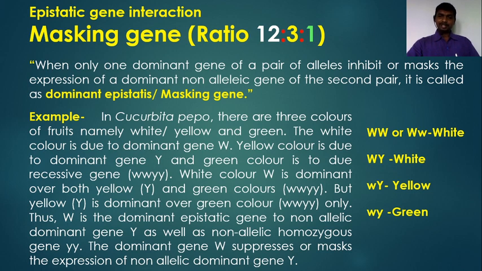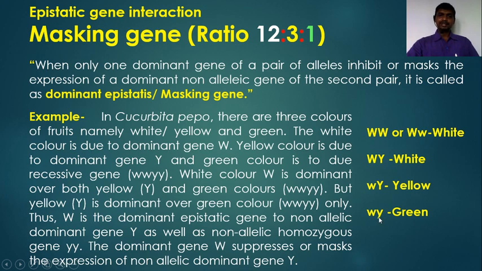The yellow expression occurs only when the W is recessive and Y is dominant. So the genotype like small w capital Y is yellow. But with capital W capital Y, the phenotype is white. When both are recessive, small w small y, the phenotypic expression is green.